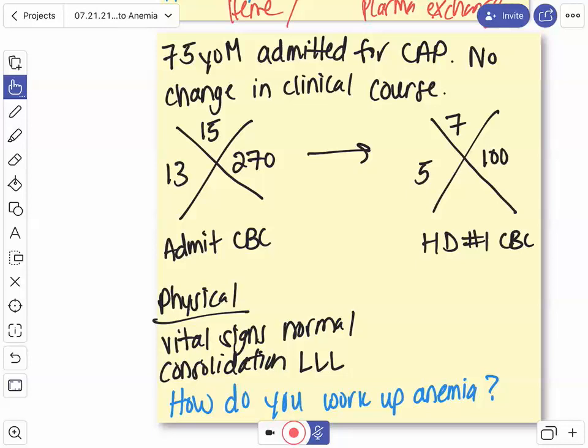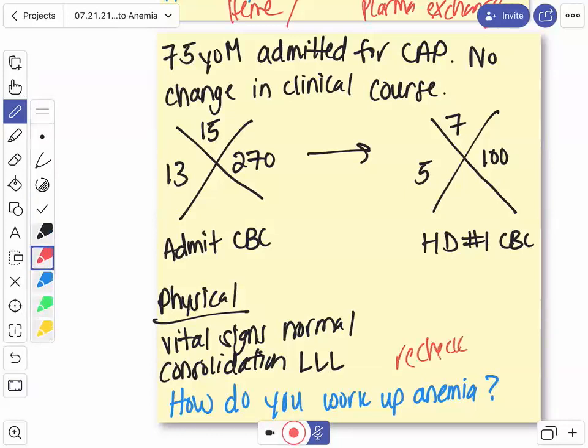Perfect. And what would you expect to be different if you truly had lost blood? Altered mental status, vital signs, stuff like that. Yeah, so his vitals and his clinical status are not consistent with him having lost half of his body's blood. So you could recheck his CBC. Anybody else have anything different they would do? Question. Sure.